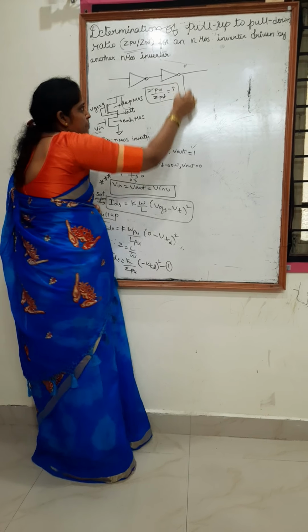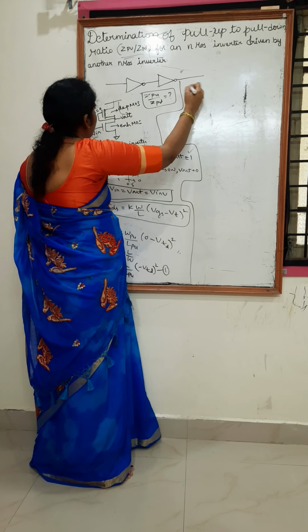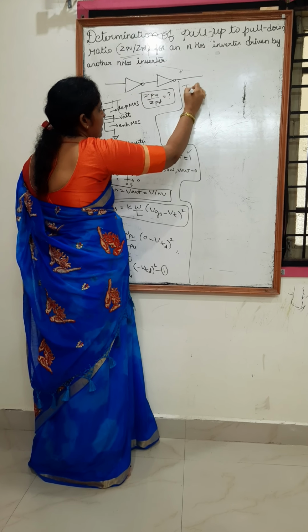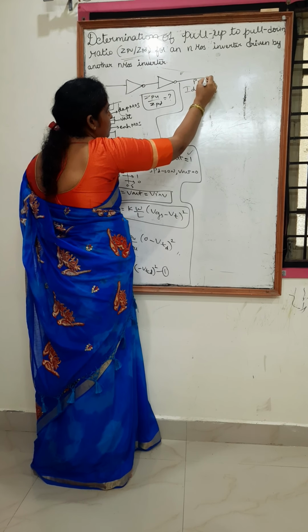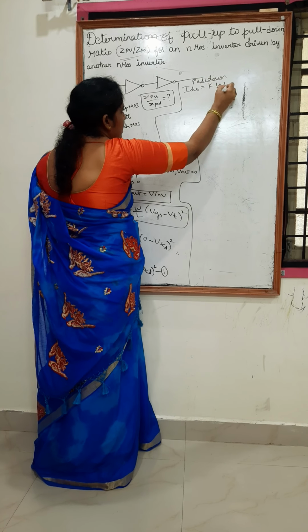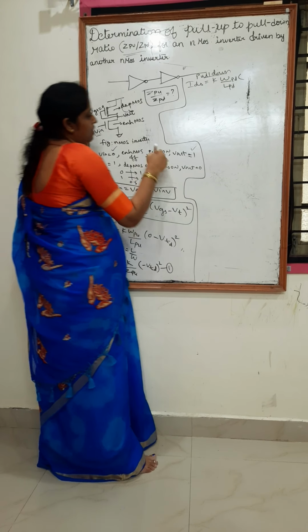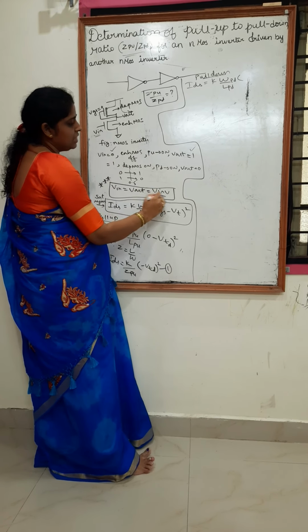Similarly, we can consider the pull-down also. For that we need to write the IDS equation for pull-down. So k W by L, this is for pull-down. What is VGS? We are considering the inverse point, no?